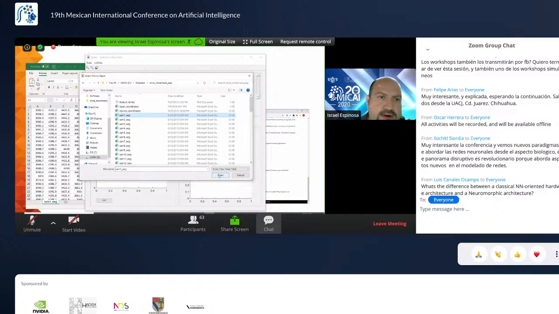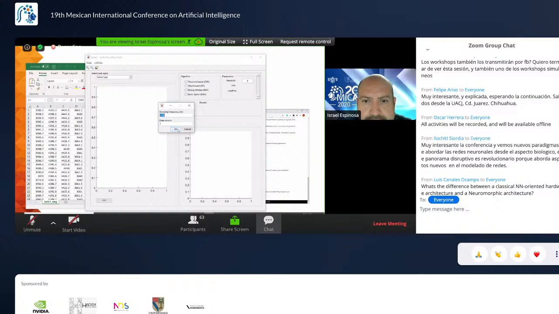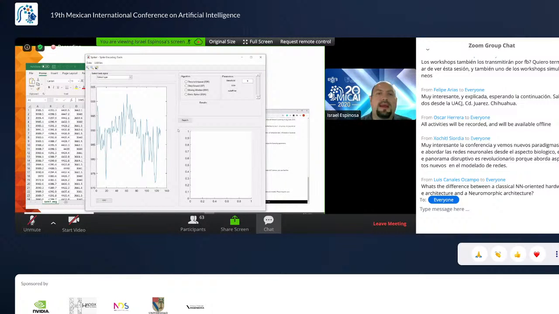The format of these samples is comma-separated files, CSV files. We will use these samples also when I am showing the two architectures using the single neuron and the NeuCube. Here is the raw signal.